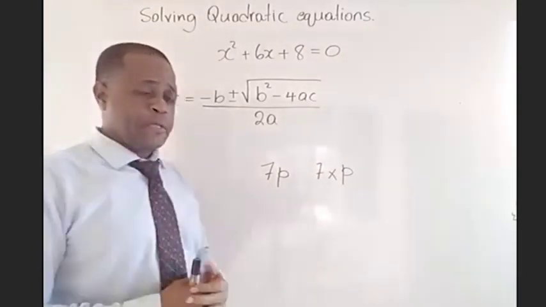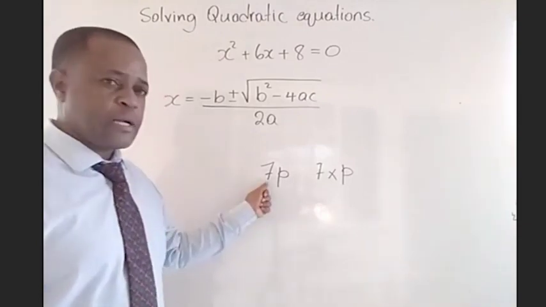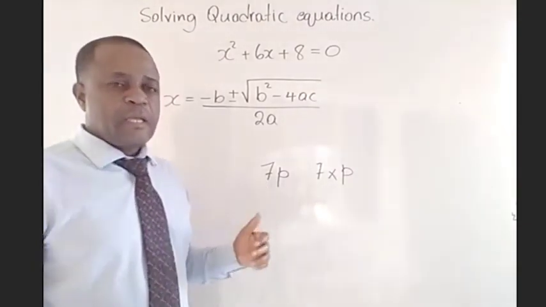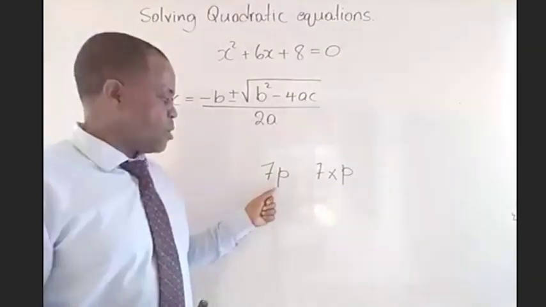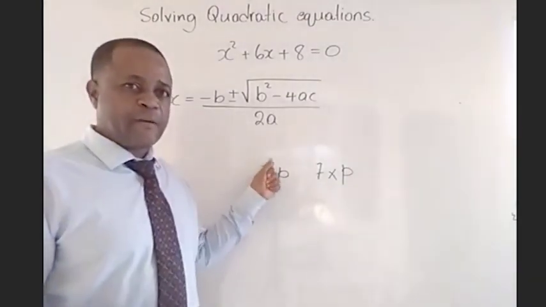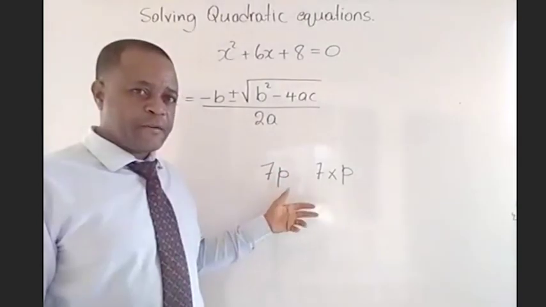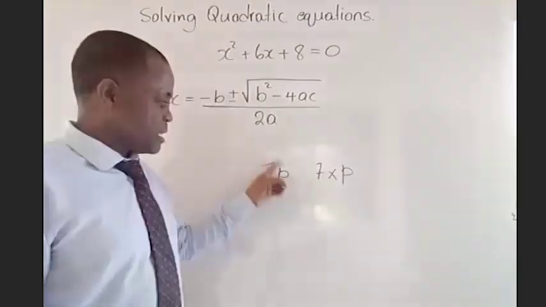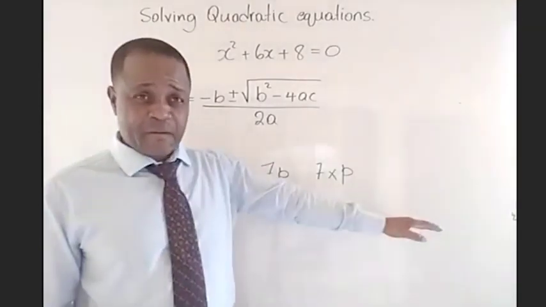But very, very important is that you need to understand that the numerical coefficient actually indicates to us how many of that particular variable exists. In this case, it is 7p, so we're saying there are 7 p's up there.